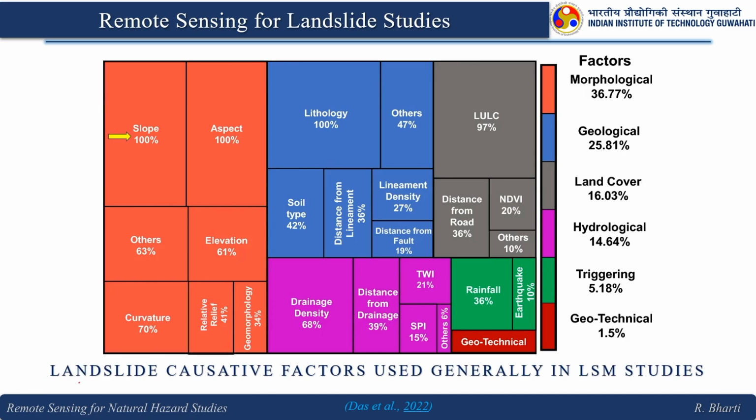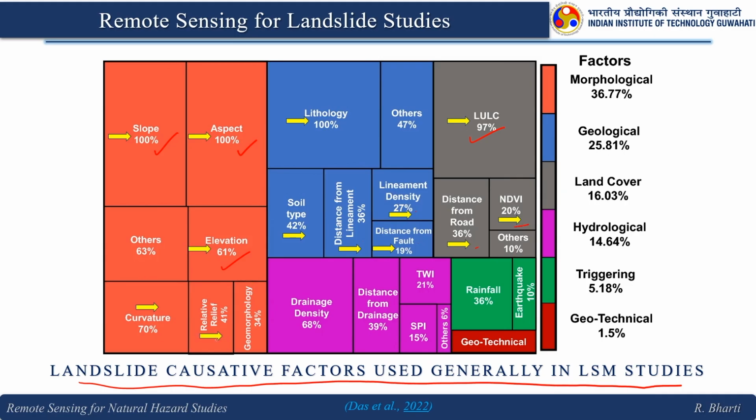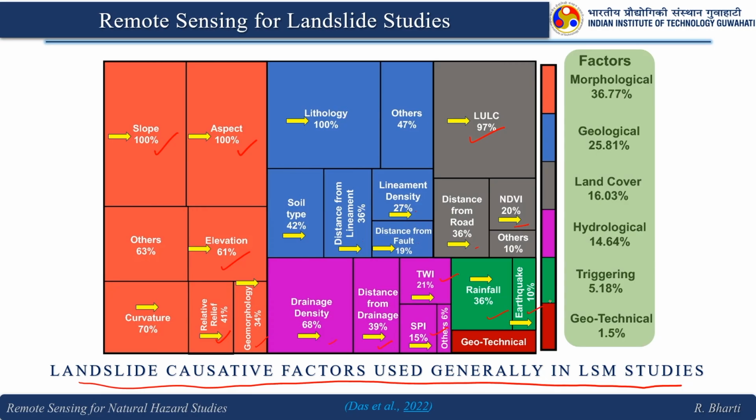This particular slide gives you the information about the landslide causative factor used generally in LSM studies, right. So, here you can see the slope, aspect, elevation, land use, land cover, distance from lineament, lineament density, distance from fault, distance from road, NDVI, relative relief, geomorphological map, drainage density, distance from drainage, TWI, SPI, rainfall, right, and earthquake information, the historical points.